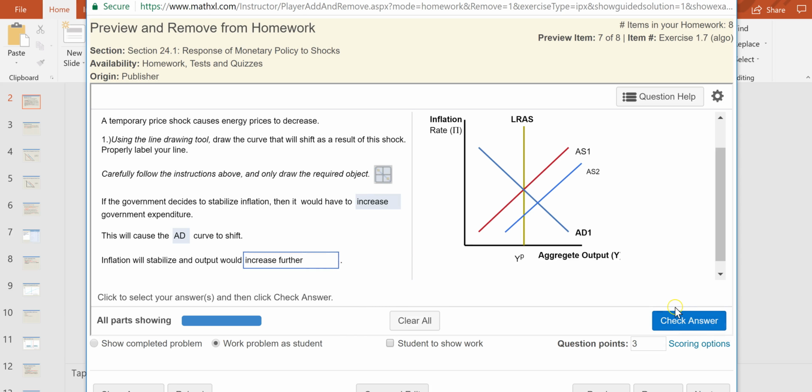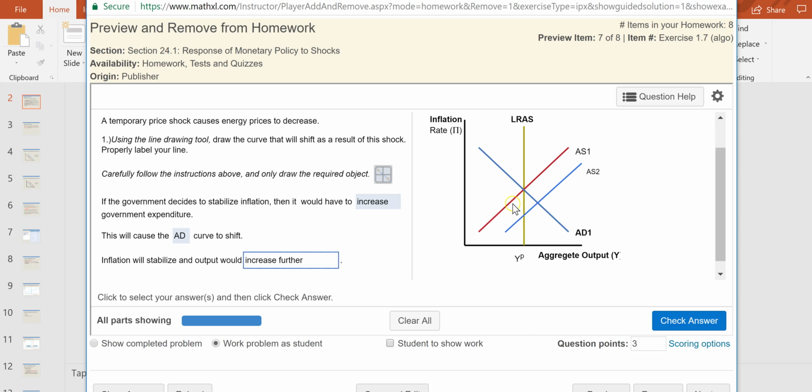So that's what we talk about in chapter 23 and chapter 24, that for the temporary AS curve shock, an aggregate supply shock, the government faces a trade-off, right? They can either stabilize the inflation or they can stabilize the output, but not both. And this is the example showing you why that's the case.